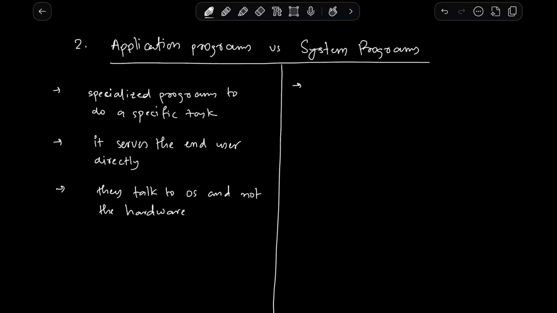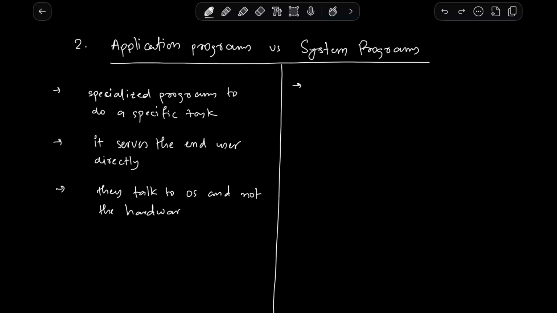So the kernel is at the very core, but you rarely speak to it directly. We use system programs as translators. What it does is it talks to the kernel, and then the kernel talks to the hardware.